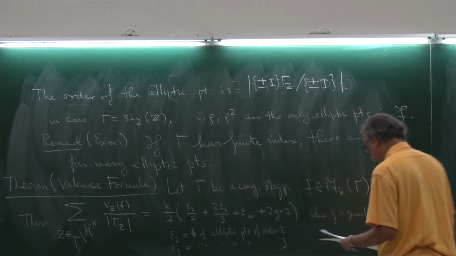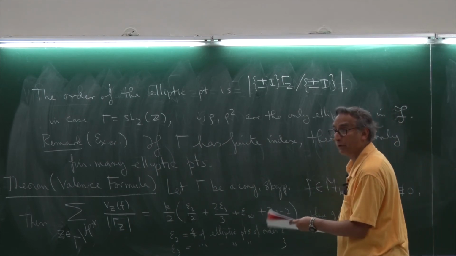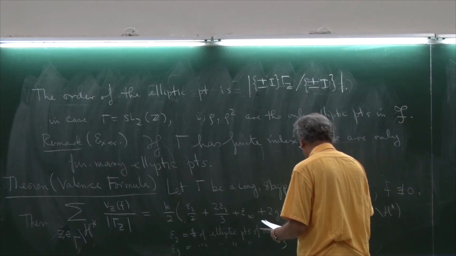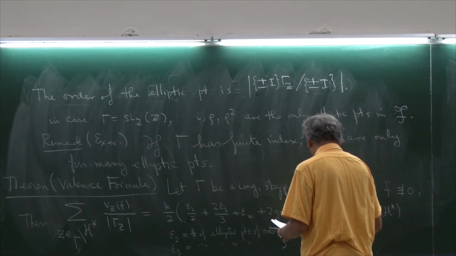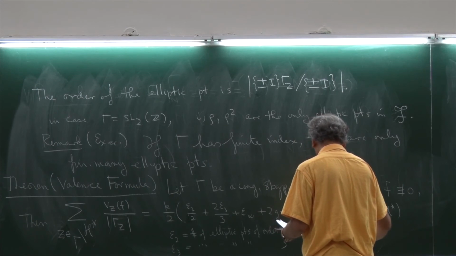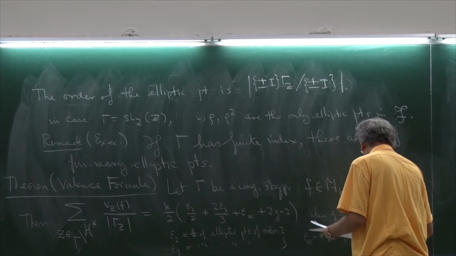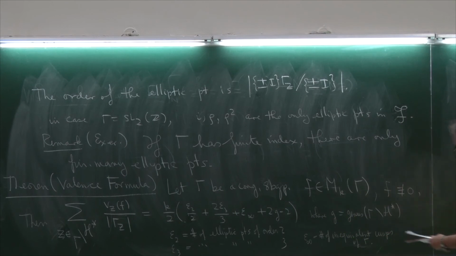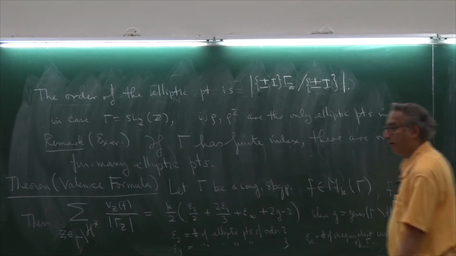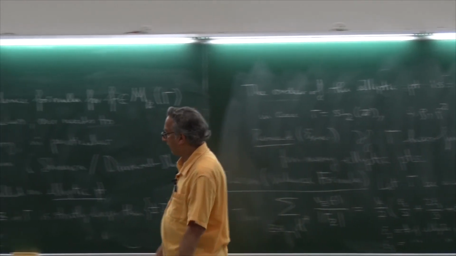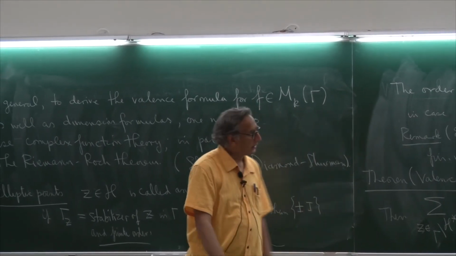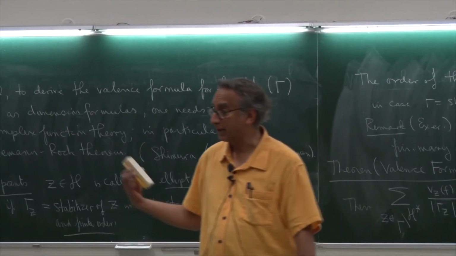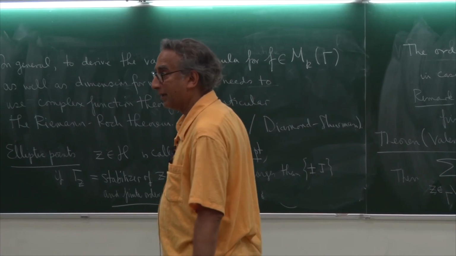These are the only two finite orders actually that can occur, 2 and 3. And then epsilon infinity is the number of inequivalent cusps. So that's the valence formula, and I think it's not easy to derive in that naive fashion of contour integration that we do. I think you have to use Riemann-Roch in a non-trivial sort of way.